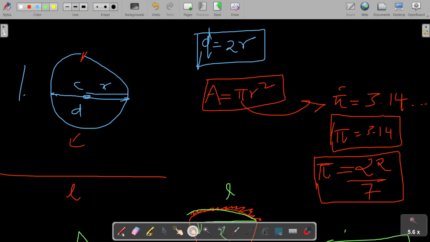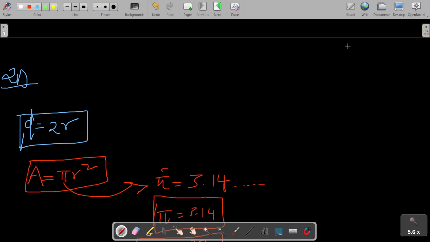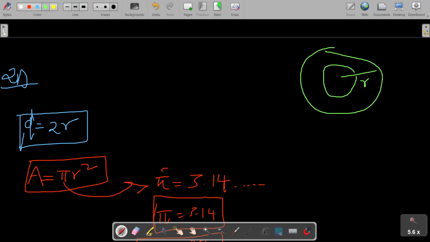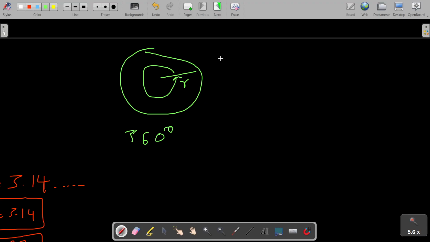So for a perfect circle, let's say I drew a circle and this is radius r. If I measure the angle, it is a full 360 degrees. In radians, we can write 360 degrees as 2 times pi.